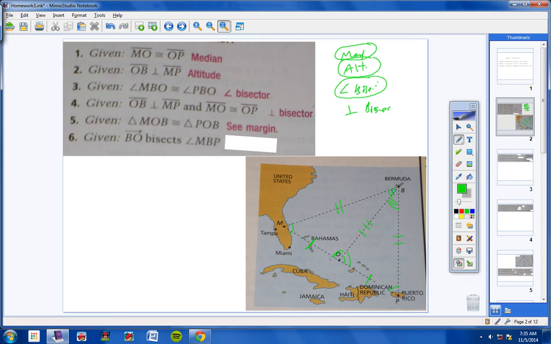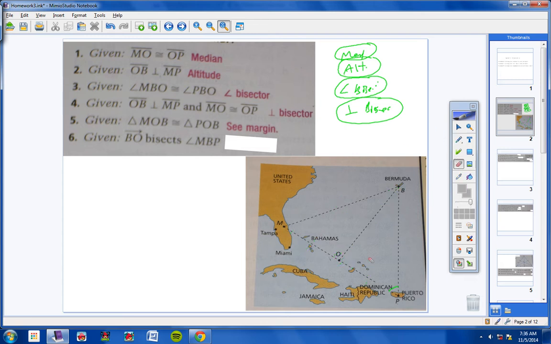And then look, perpendicular bisector. Well, we already established the fact that OB is perpendicular. And we know it's a bisector because this segment here is congruent to the segment over here, so it's also a perpendicular bisector. Okay, so there we go. So can a line be all four? Well, most definitely. We just showed that it can be in certain situations.